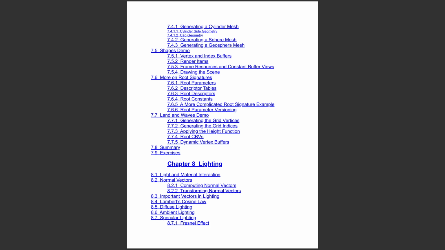We'll be talking about other important vectors in lighting. We'll be learning about Lambert's cosine law, and then we're going to be learning diffuse lighting, ambient lighting, and specular lighting. So we have these different models of how light interacts with the world, or how light can be modeled, and then we're going to combine them all in certain ways.